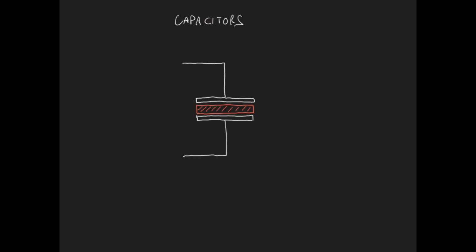If we increase the voltage across the capacitor by an amount delta Vc, we will have an increase by delta Q of the charge on the top plate of the capacitor and a decrease by the same amount of the charge on the bottom plate.